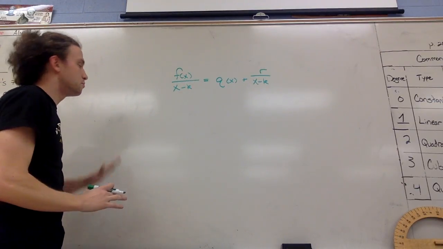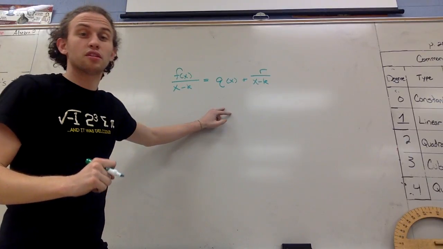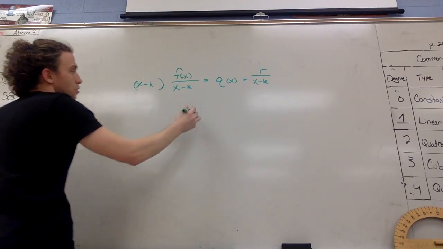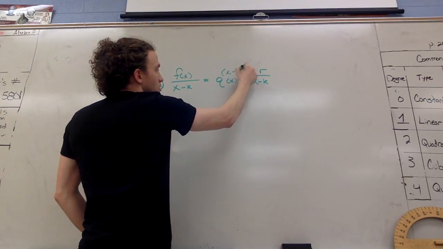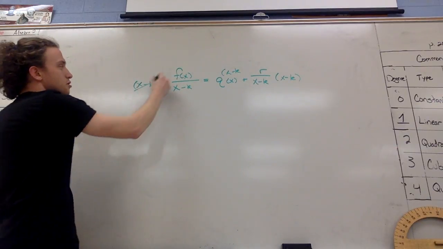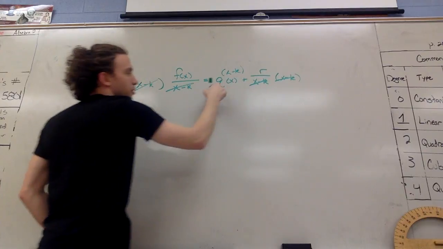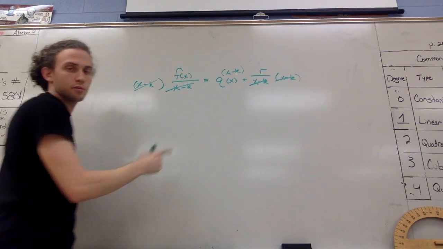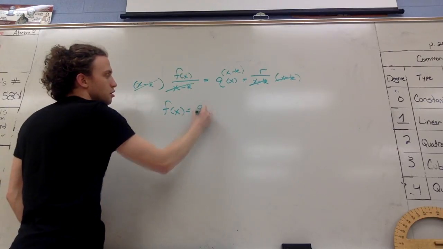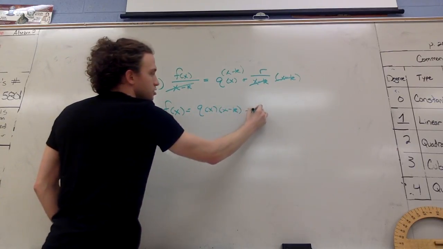So what I'm going to do now is multiply everything here by x minus k so I can clear these fractions. So what happens here is these cancel off. These cancel off, and I'm just left with q of x times x minus k plus r. So this function is q of x times x minus k plus some remainder.